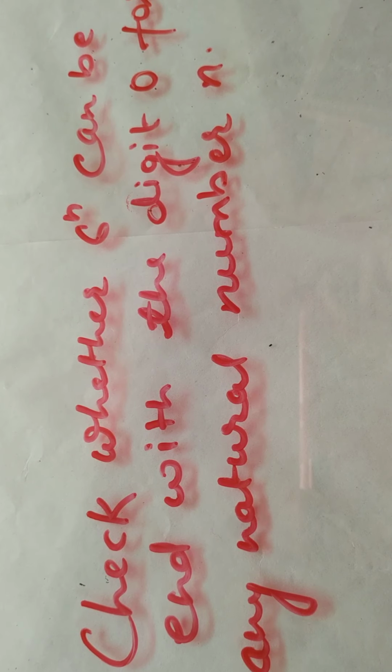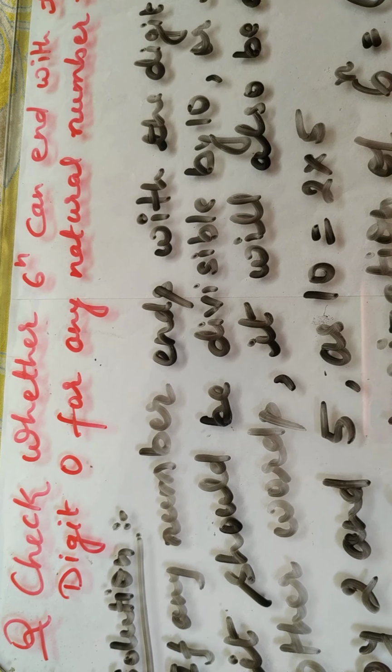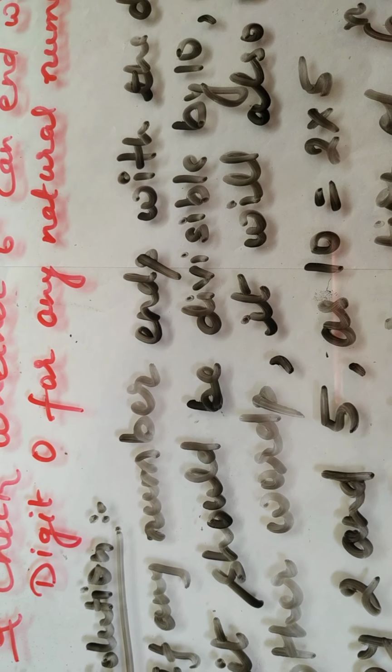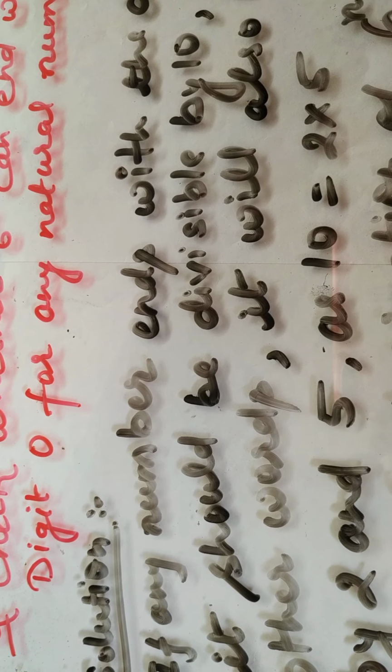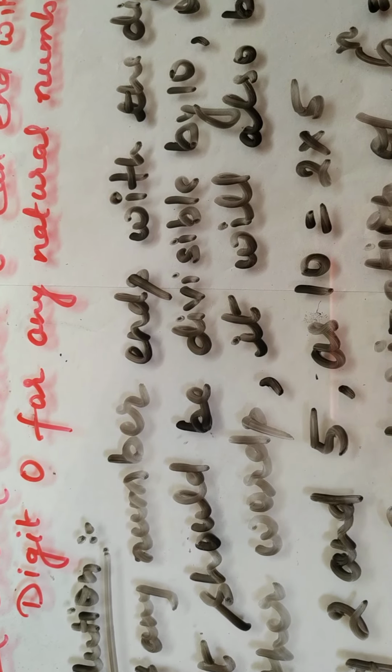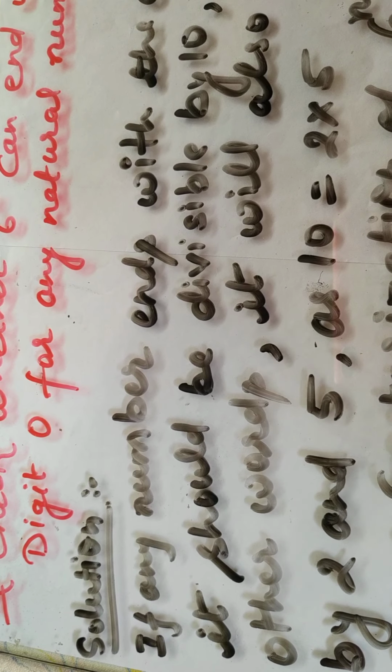Now we write it first. If any number ends with the digit 0, it should be divisible by 10, or in other words it will also be divisible by 2 and 5, as 10 is equal to 2 into 3... 2 into 5.